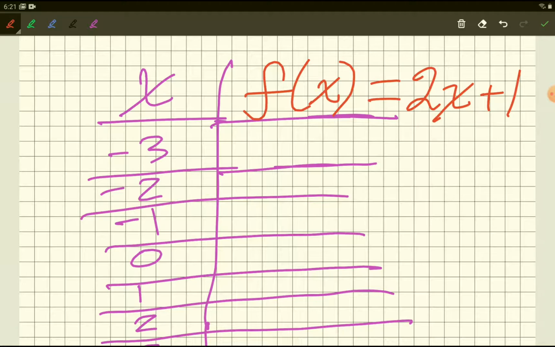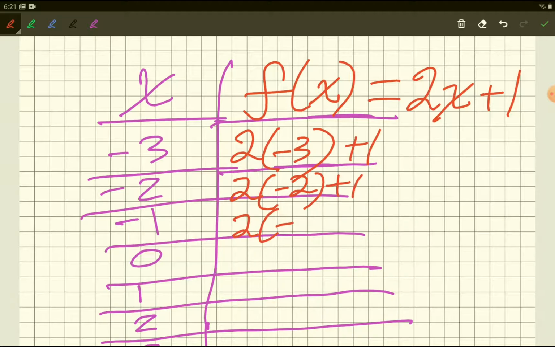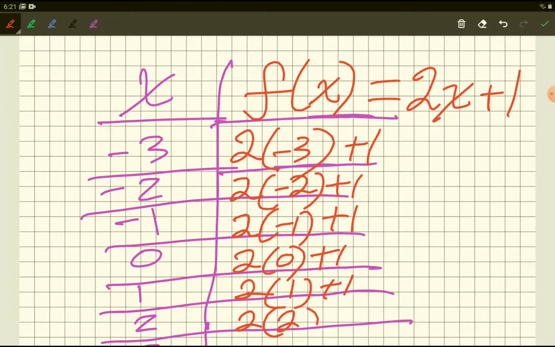Okay. So, 2 parentheses, -3 plus 1. 2 parentheses, -2 plus 1. 2 parentheses, -1 plus 1. 2 parentheses, 0 plus 1. 2 parentheses, 1 plus 1. 2 parentheses, 2 plus 1. All right, so that's negative 6 plus 1. That's negative 5.